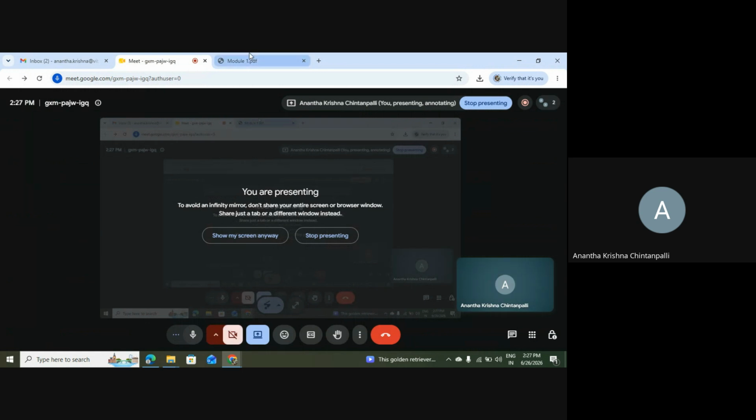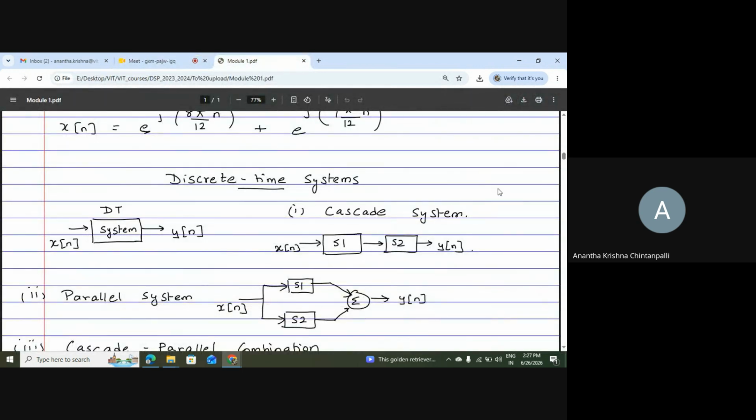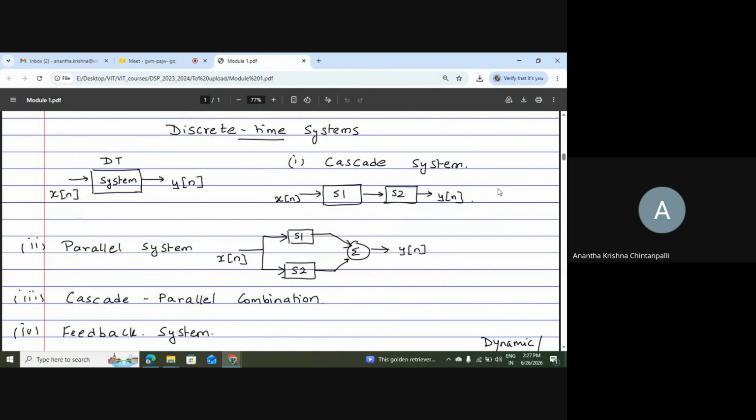All right. So the system can be in different forms. One, you can have a cascade system, so two systems put together in cascade. Your input is x of n, output is y of n. Another one is a parallel system, meaning that x of n is the same common input going to S1 and S2.